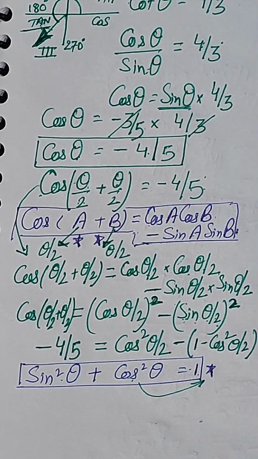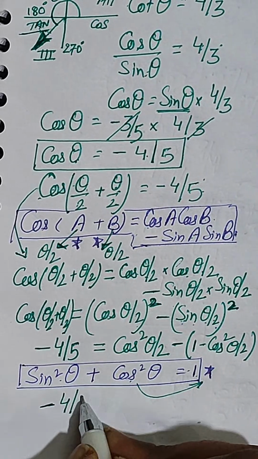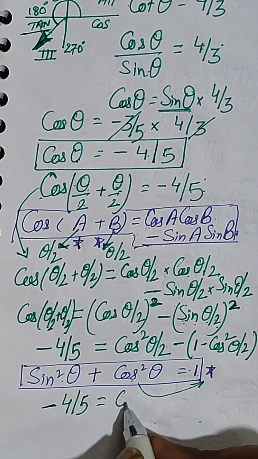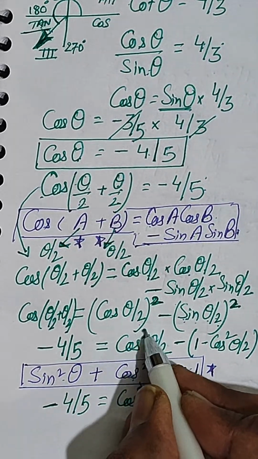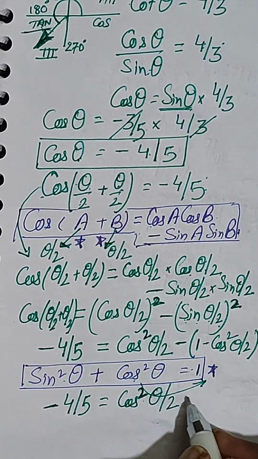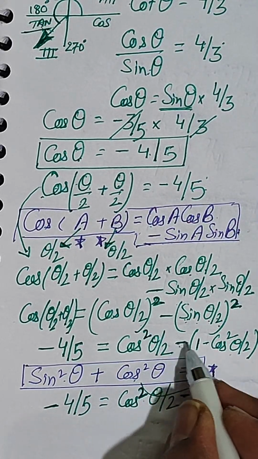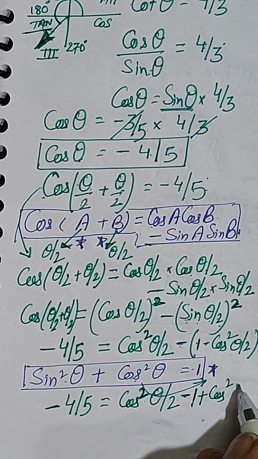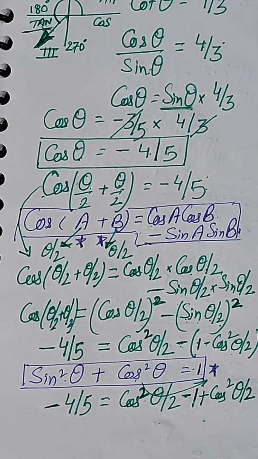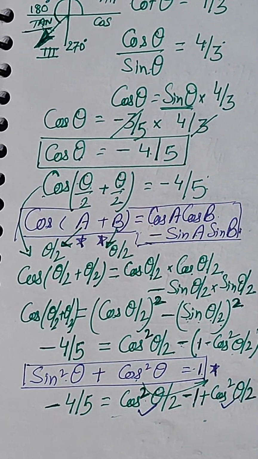Right? Now this will give you minus 4 by 5 is equal to cos square theta by 2, which is already there on the RHS, minus 1, just expand this bracket, minus 1 and minus minus plus cos square theta by 2, right? So here you can see cos square theta by 2 one time, cos square theta by 2 second time.